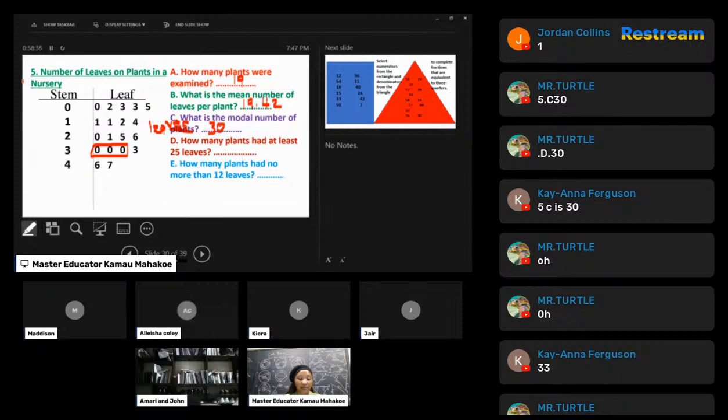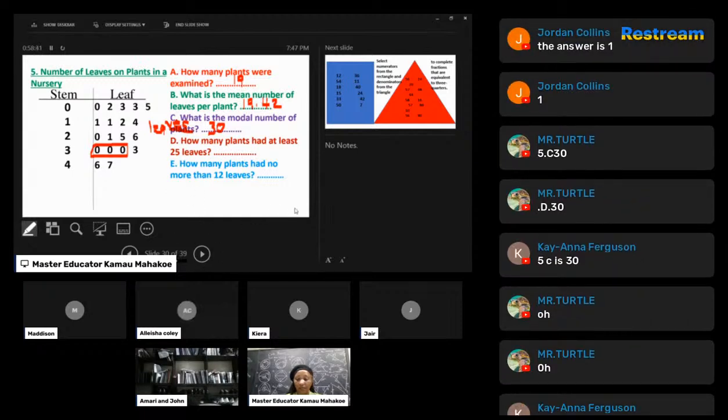Kira, D. How many plants had at least 25 leaves? Okay, so how many plants have at least 25 leaves? What does at least mean?